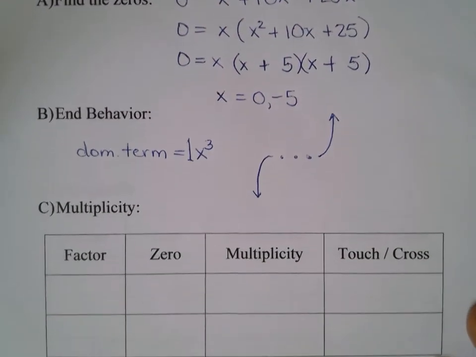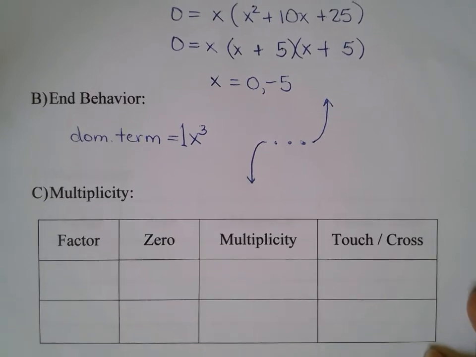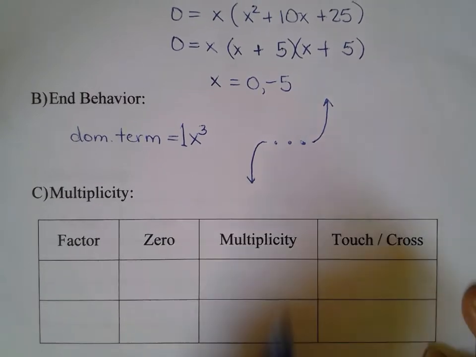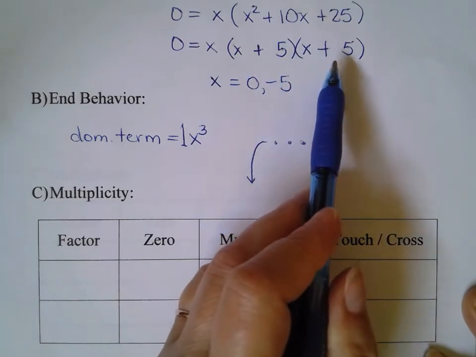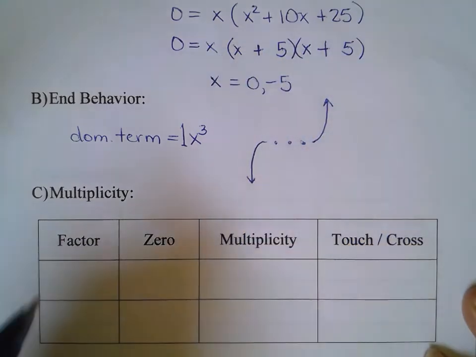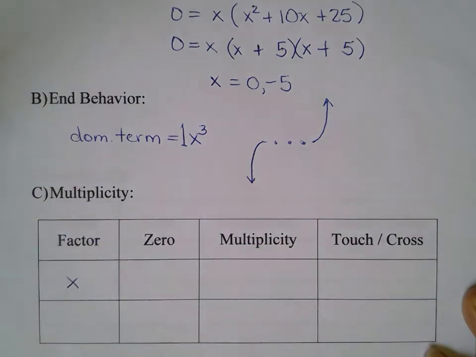All right, so now let's add in the multiplicity. If we look back at our factoring right here, I really just have two factors. I have x, and I have x plus 5.